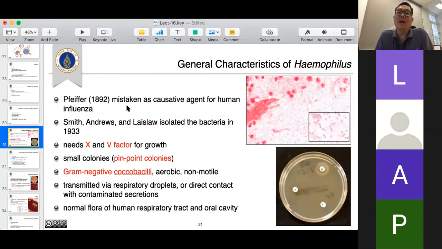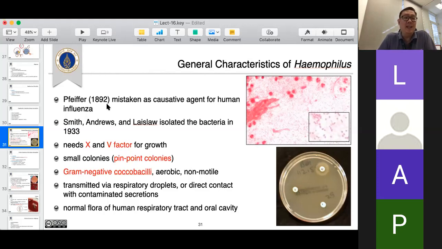A long time ago, in 1892, we thought that this bacteria was the causative agent of influenza or flu. That's why every time people got a flu infection, we isolated this bacteria from the throat. So we thought that this bacteria caused influenza. That's why we named it Haemophilus influenzae.